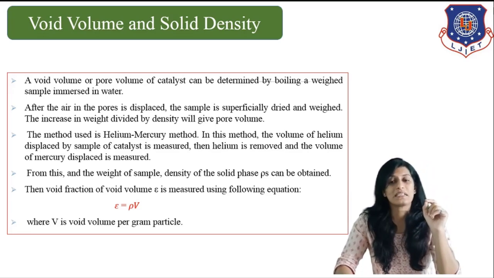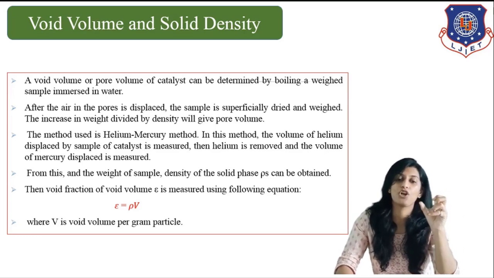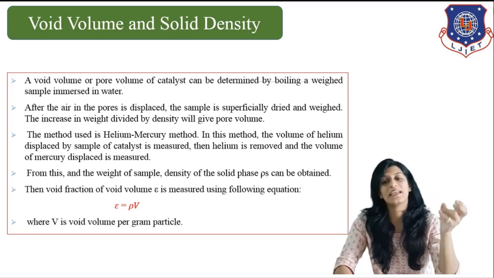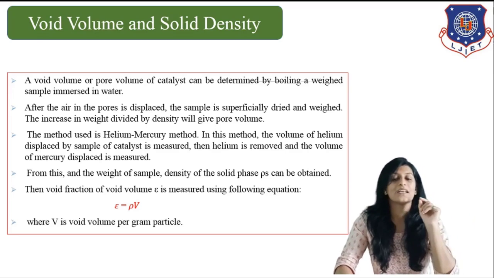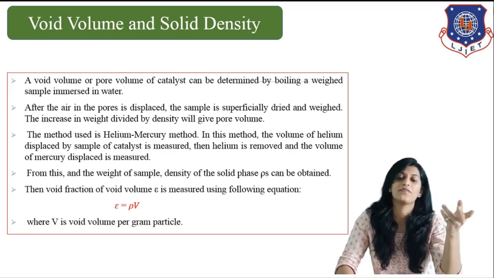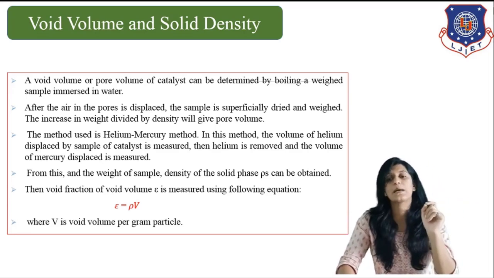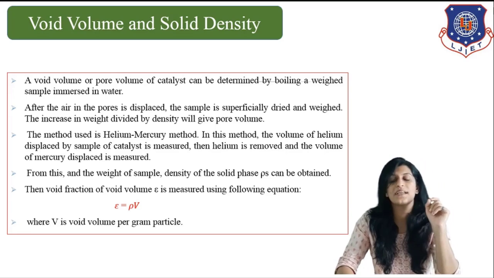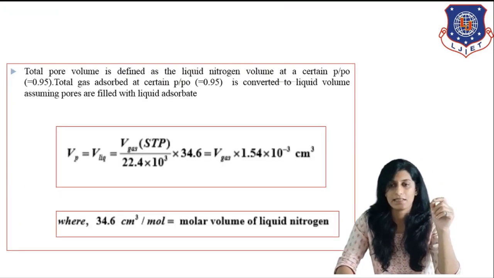Another method used is the helium-mercury method, in which the volume of helium displaced by the catalyst sample is measured. The void fraction epsilon is given by density into V, where V is the volume per gram of particle. This is the method used to determine the pore volume of any catalyst.